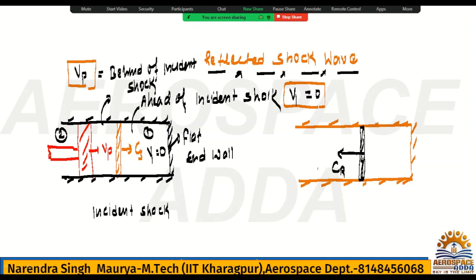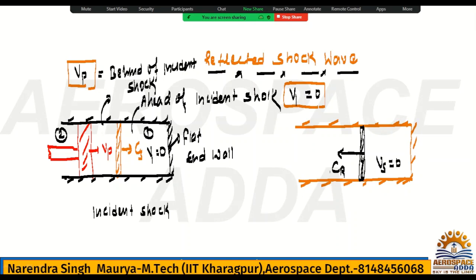Okay, and there is no doubt that the velocity on this side, because here it is the end, will be 0. Yes or no? Because the fluid will come and stop here. So the velocity will be 0 here.